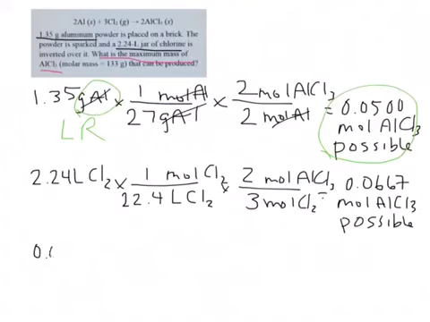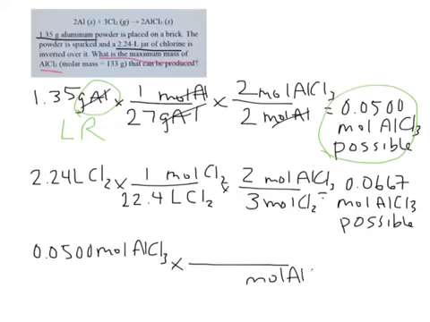Take the moles, 0.0500 moles of product, and change it to grams of product. Moles will cancel. Again, we need molar mass, and luckily they've given it to us up here, 133 grams.